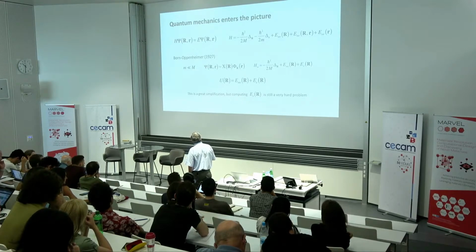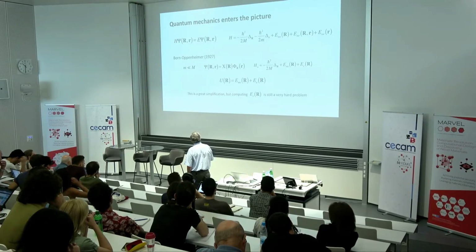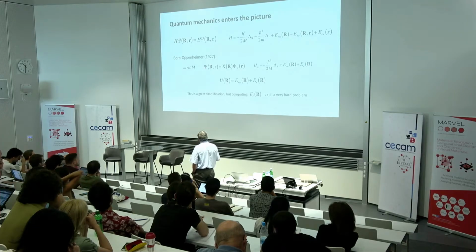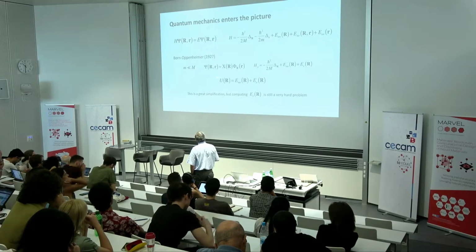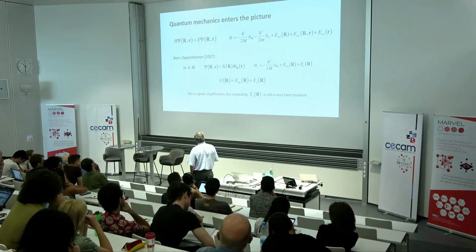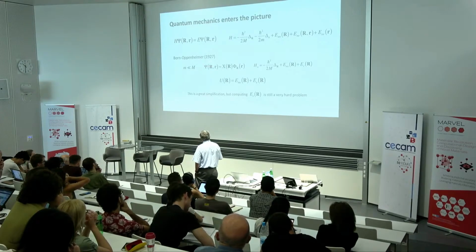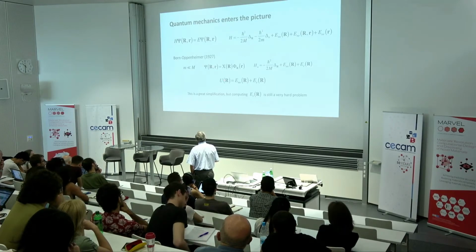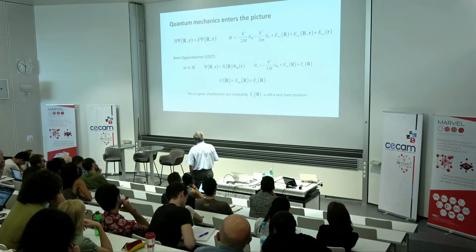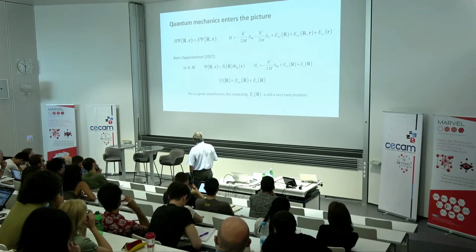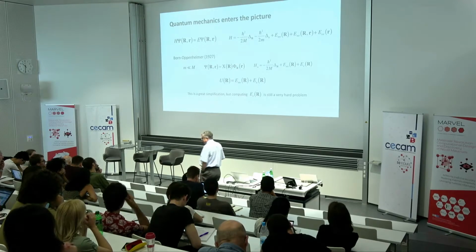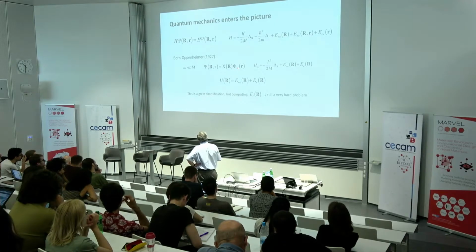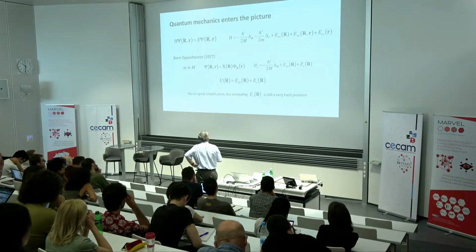But if we are interested in particular in the ground state, as we are interested here, one can derive the same result with a variational approximation that says that the combined nuclear and electronic wave function is the product of a nuclear wave function times an electronic wave function that depends parametrically on the nuclear coordinates.